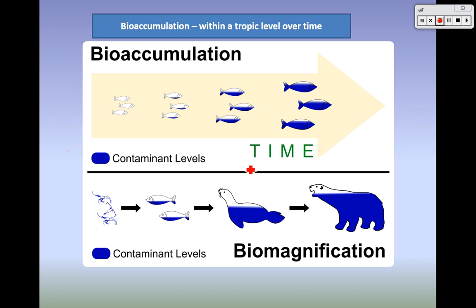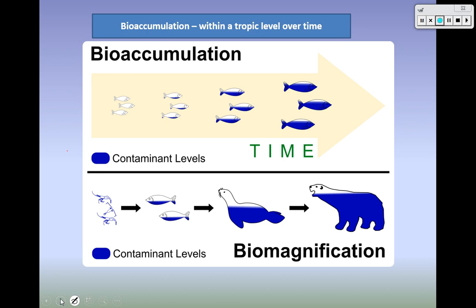Our bodies don't just know how to get rid of everything. There's different ways that our bodies get rid of different things. Like some are filtered by our liver, some are filtered by our kidneys, some are filtered by our lungs. And so there are contaminants out there that our bodies just haven't figured out how to get rid of yet because they're new in the scheme of things. And so over time, those things are going to build up in our bodies simply because if we keep putting them in, then there's nowhere for them to go.